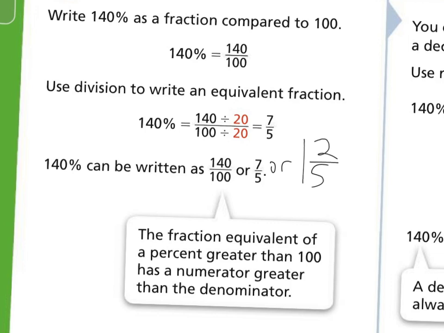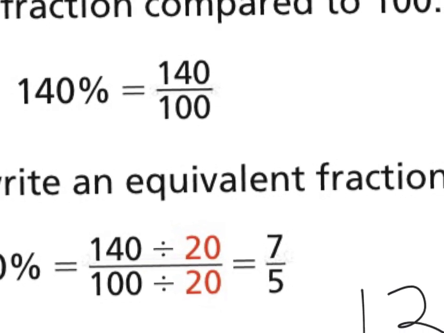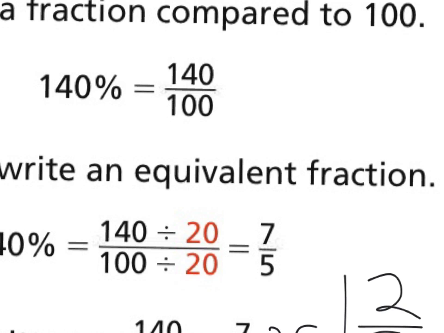At that point we might change it over to a mixed number, which would be 1 and 2/5. Another way you could do that is, once you get 140 over 100, you could go ahead and change that to a mixed number, 1 and 40 over 100. That would give you smaller numbers to work with on your fraction.